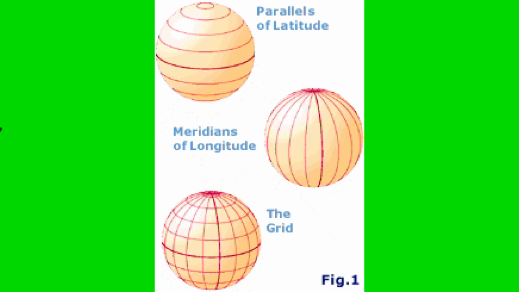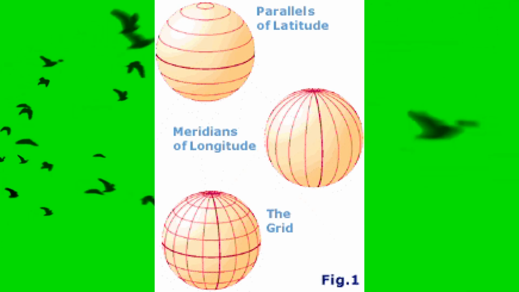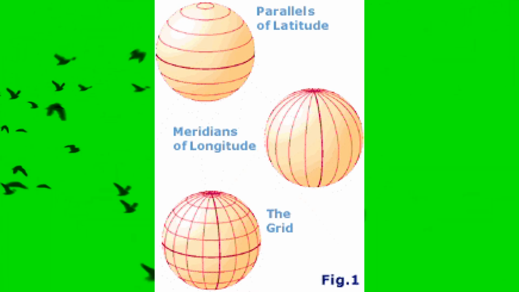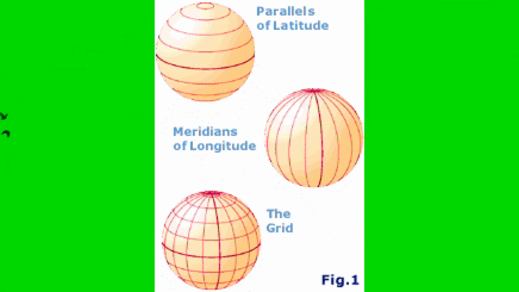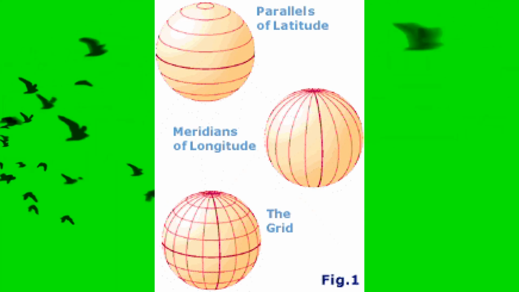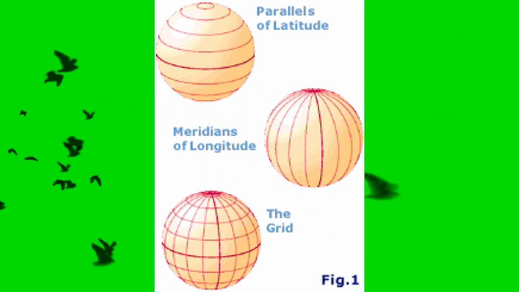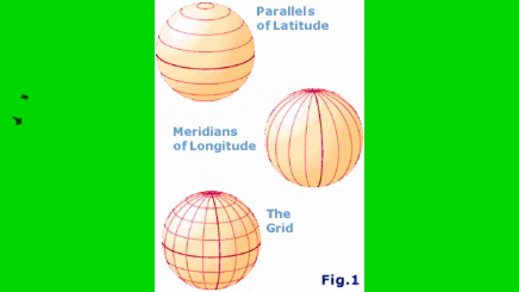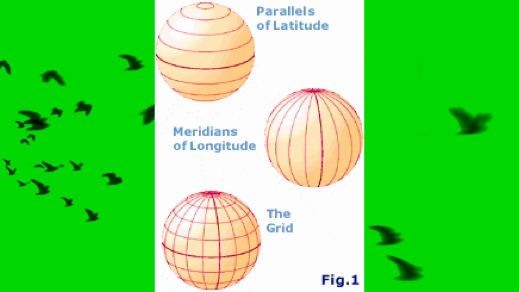Now let us see what is grid. The parallels of latitude and lines of longitude form a network on a globe which is known as grid. So we have already seen that there are 180 parallels of latitude and 360 lines of longitude. Now all these lines of latitude and longitude form a network on a globe.